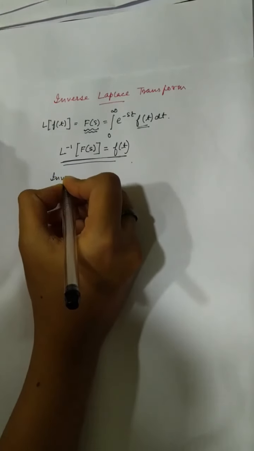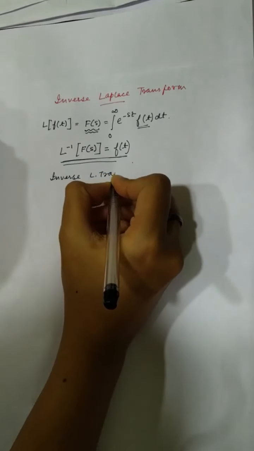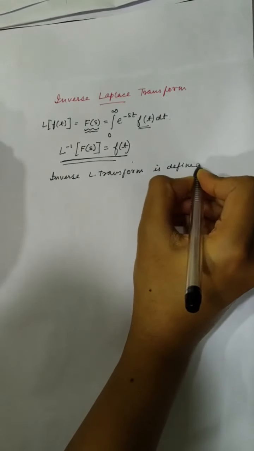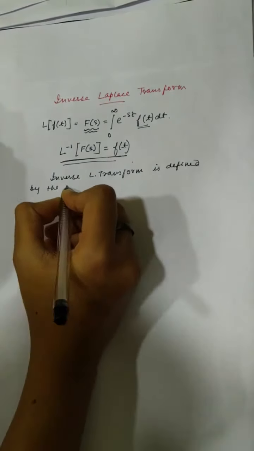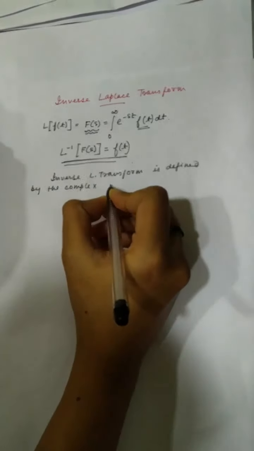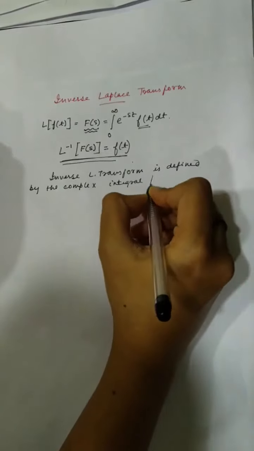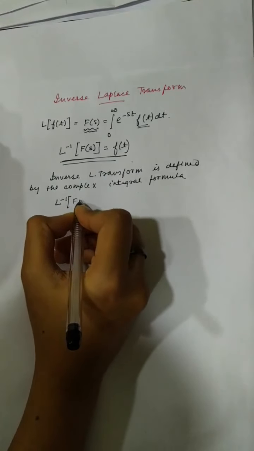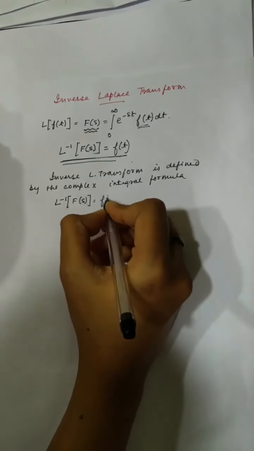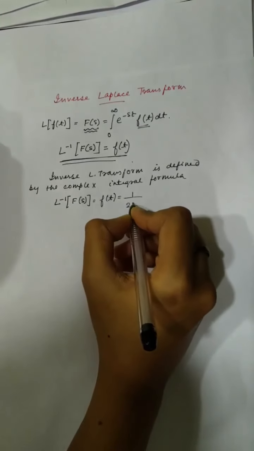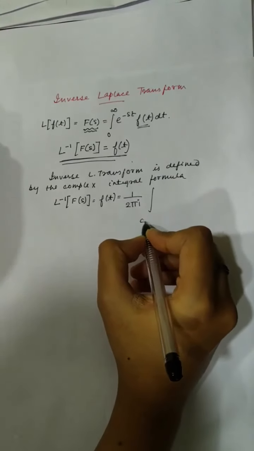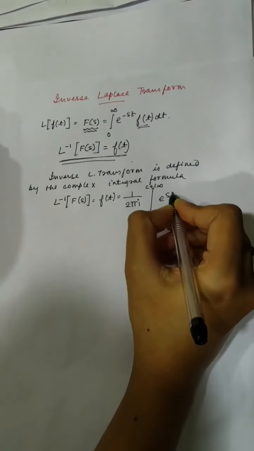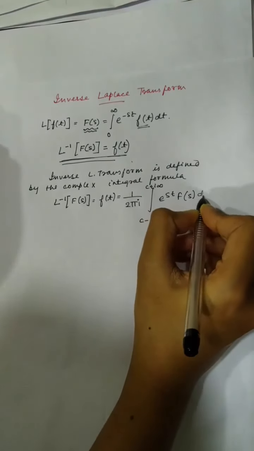Inverse Laplace transform is defined by the complex integral formula: f(t) is equal to 1 by 2 pi i, integration from c minus i infinity to c plus i infinity of e to the power st F(s) ds.